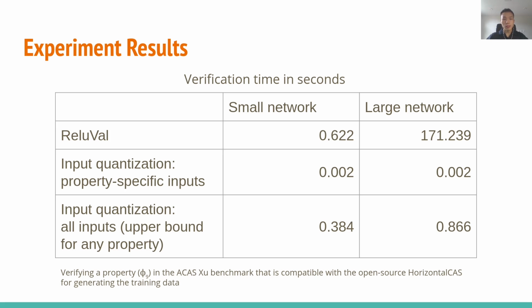By comparison, input quantization is quite efficient and it scales well on these large networks. And the bottom row of this table shows the time to verify the network on all the quantized points, which is the upper bound of verification time for any safety properties.